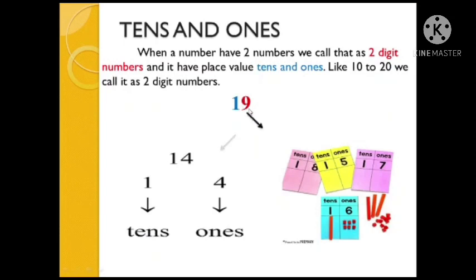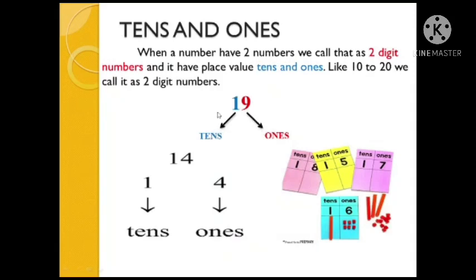This is called ones, this is called tens. These two numbers have place value. Last number is ones, the number before is tens. So in this number we have 9 ones, 1 ten.